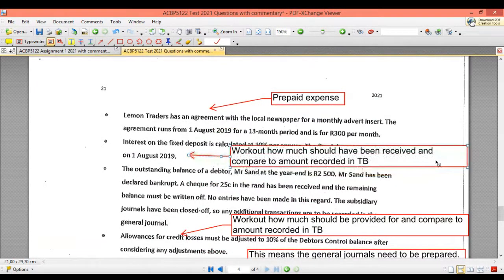Then the next entry, they tell you that an outstanding balance for the debtor at the year end is 2,500 Rand. They went bankrupt, 25 cents have been received, and the remaining portion has been written off. So that means we have to work out how much has been received and then how much is being written off. Now they tell you no entry has been made, so we have to do the full entry.